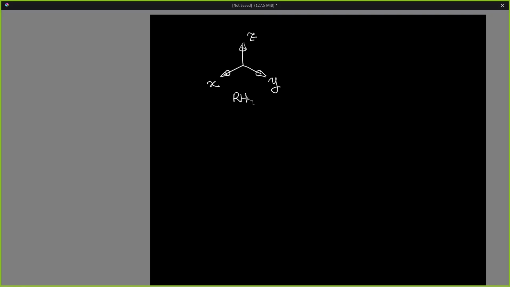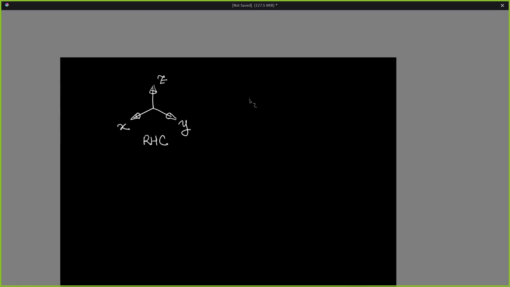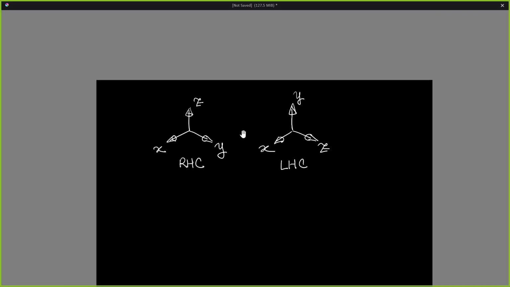And if this is x, this is z, y, that's called a left-handed coordinate system. And these have opposite orientations.